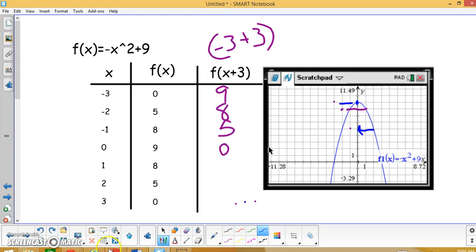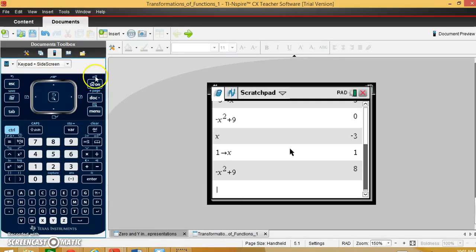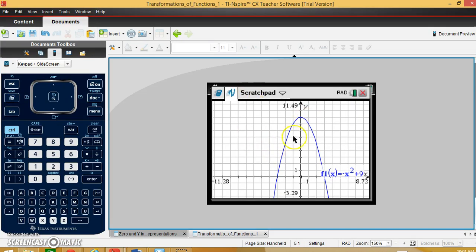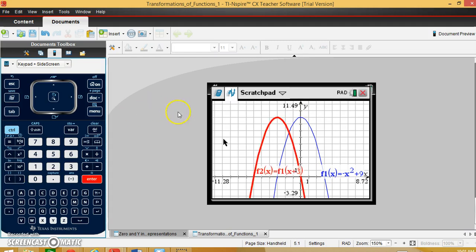Now to demonstrate this, let's put it into the calculator. So I have my original graph, and then if I do a new function, I'm going to do f1 of x, but I'm going to add 3 in here. Now look what happened.